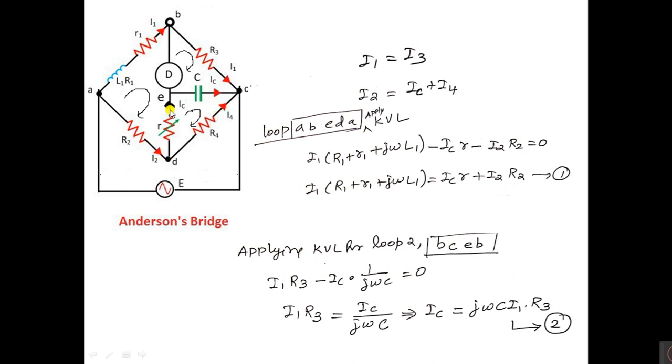So I2 equals IC plus I4. Because the detector detects zero current, the same IC flows through this arm also.